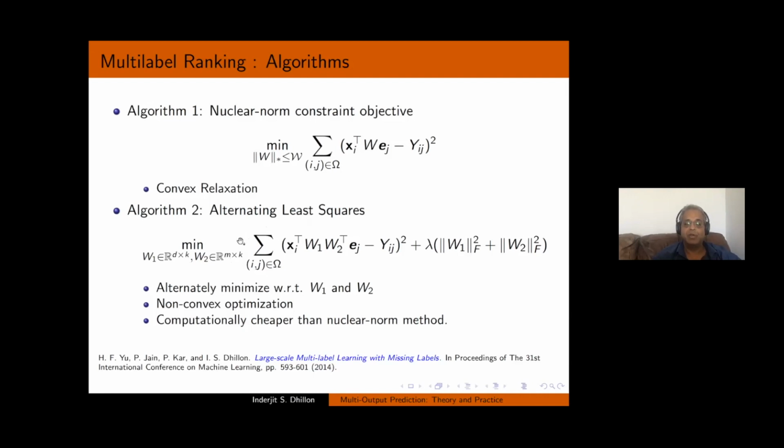So I can formulate this alternating least squares problem with a particular regularization. And of course, when you solve this in an alternating manner, each of the subproblems becomes convex, or rather in this case, quadratic. It is generally computationally cheaper than the nuclear norm method. And both these methods actually work reasonably well in practice.